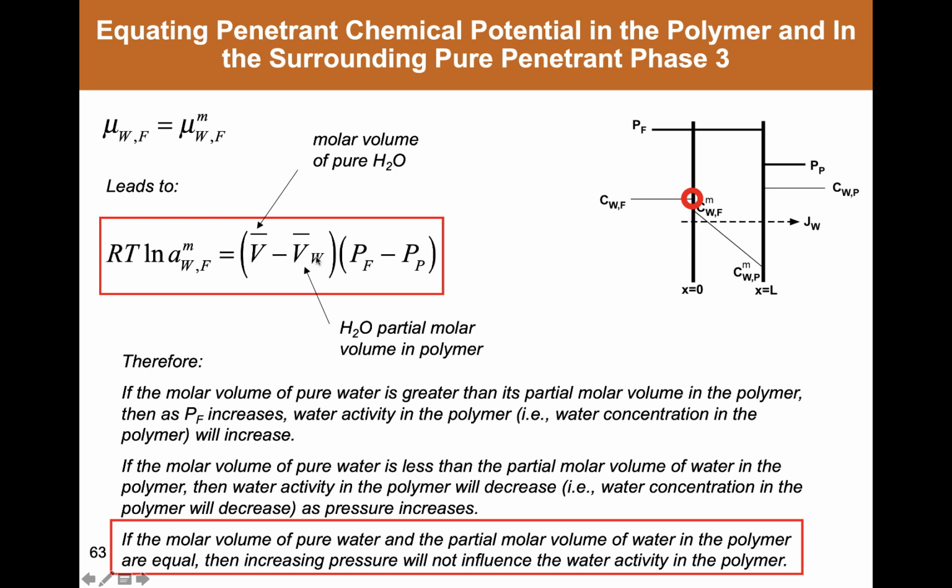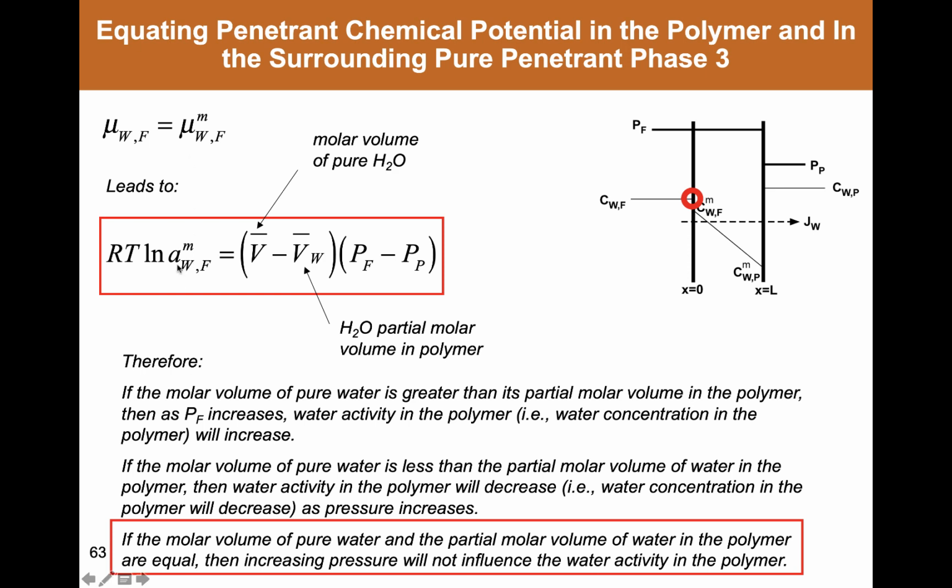Now, remember that using something like the Flory-Huggins model, as the thermodynamic activity of water or solvent in a polymer increases, the concentration of the solvent or water will increase.